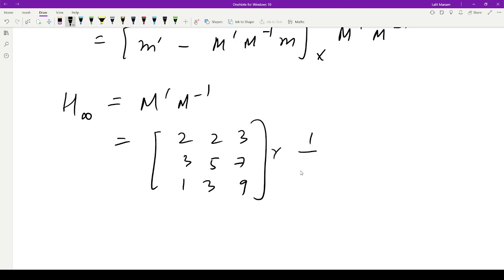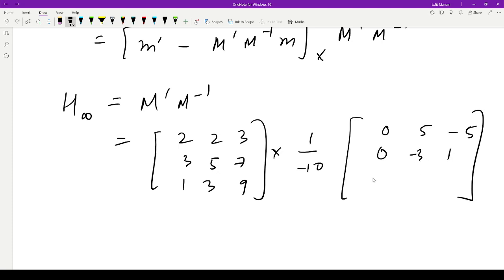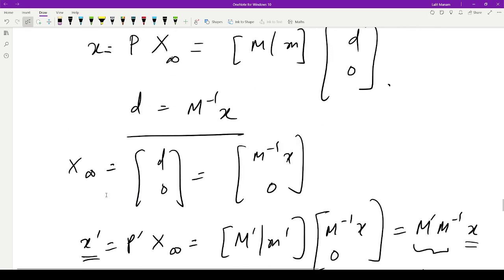M inverse will be something like this: 1 by determinant of m, 0, 5, minus 5, 0, minus 10, minus 7, 7. Okay, if we try solving this, we'll get something. That's all. Is this clear? Yes, sir.